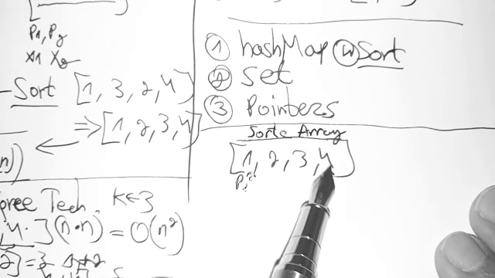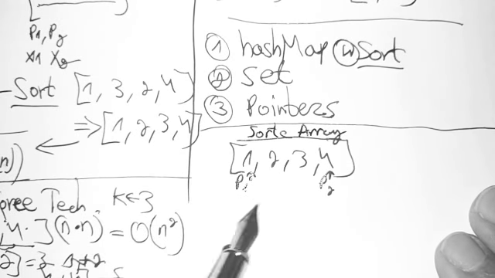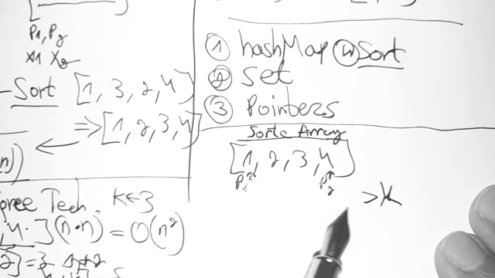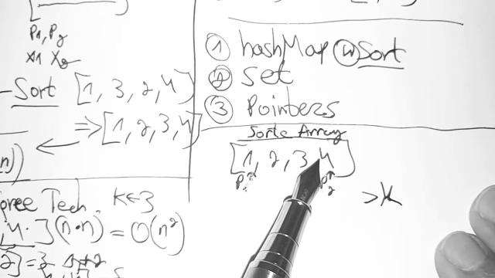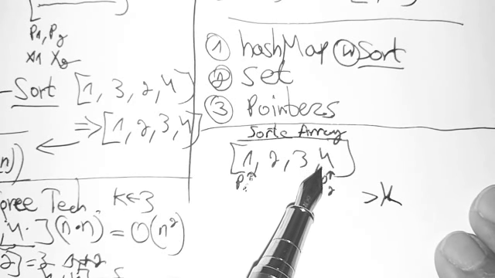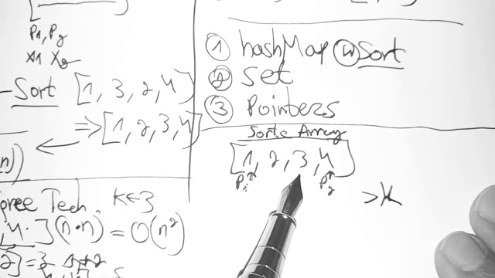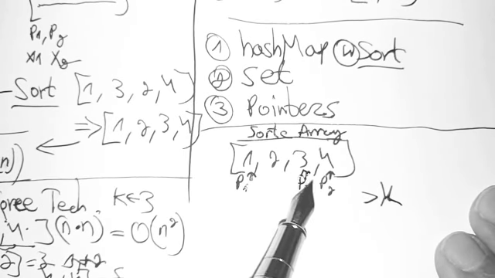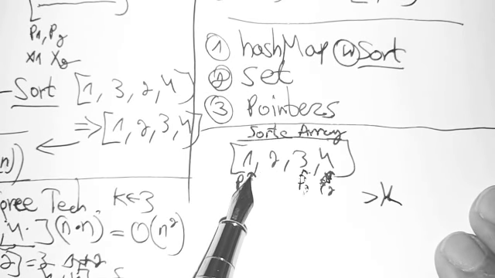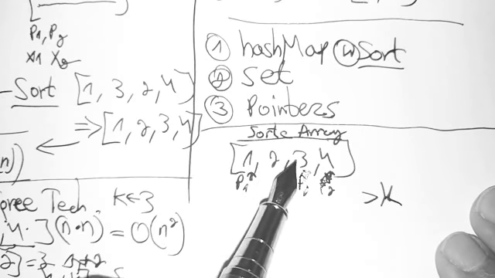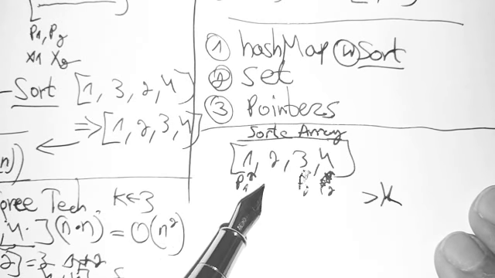So if we add these two extreme numbers, if it's bigger than k, what should we do? We should find a number which is lower. So we move only the p2 pointer. Still bigger than k? There is no reason to move pointer 1 to the right, because we'll only get a sum of these two which is yet bigger than k.